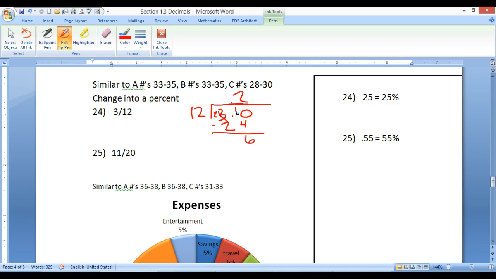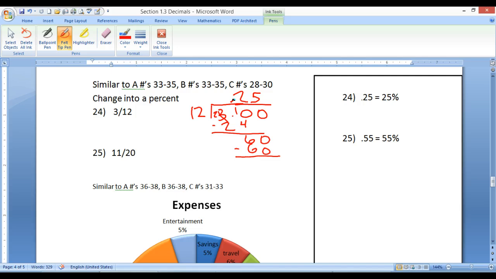Okay, 12 won't go into 6, so I need another 0. Ooh, 12 goes into 60 perfectly. 5 times. 5 times 12 gives me 60. So I'm going to subtract. There we go, 0. So I get this decimal, and you're thinking, okay, well, it said change it into a percent though.